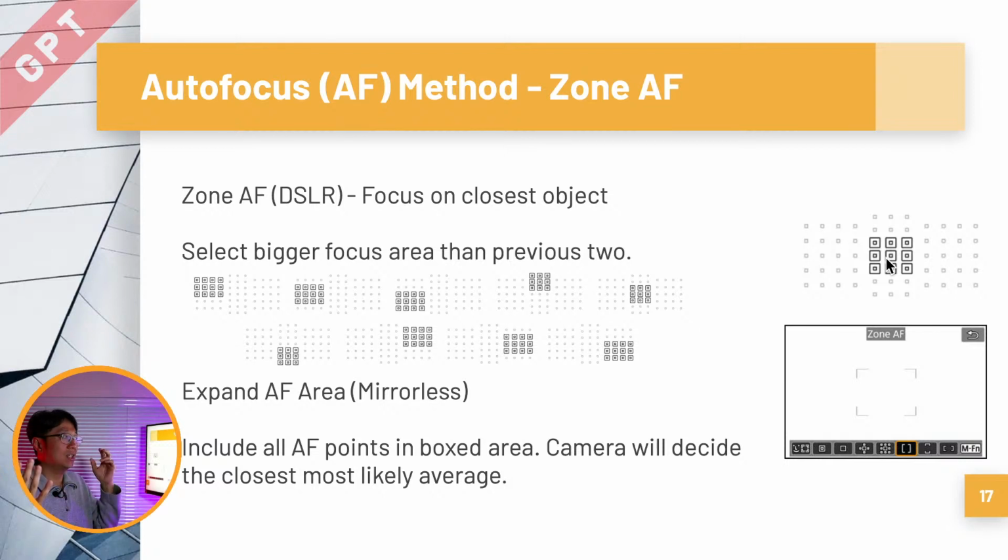This is what these 2 focusing systems mean, how they differ from each other, and how we should use them. Using this one is not very good when we want to track some subject.